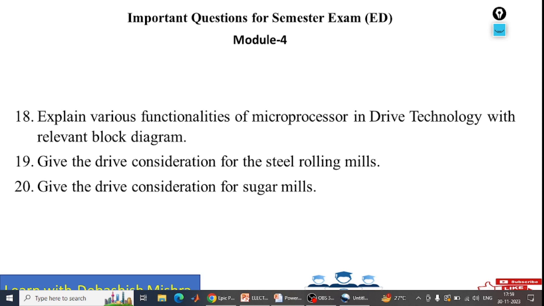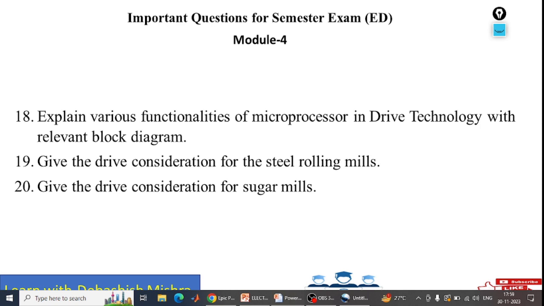From microprocessor you will find this 18 number question, but for mills I will suggest you prepare each and every mill. But selection question is steel rolling mills, sugar mills. I think these 2 questions may come this semester, but you prepare all the mills. These are theoretical questions.